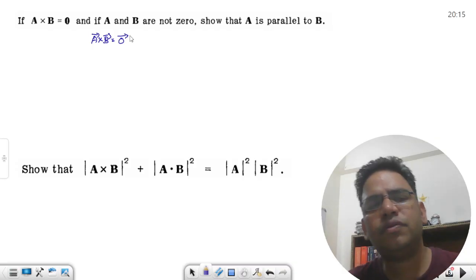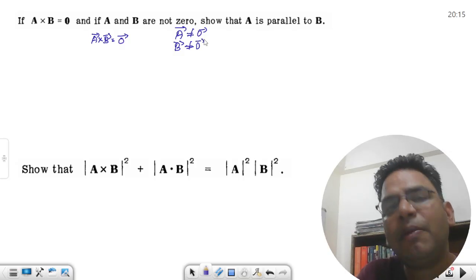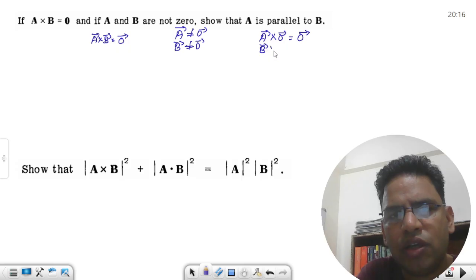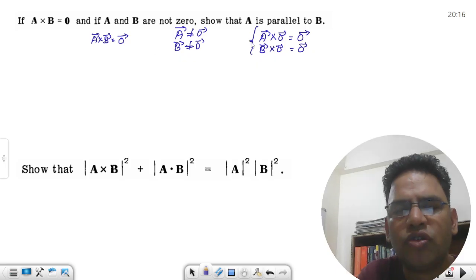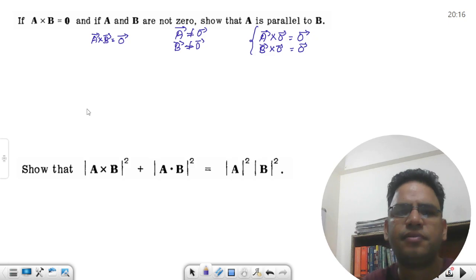But interestingly, A vector is not 0 vector, and similarly B vector is not a 0 vector. If either of these vectors were zero, for example A cross 0 vector, you would get 0 vector. Suppose you have B cross 0 vector, you would get 0 vector. So neither of these two vectors is a null vector.